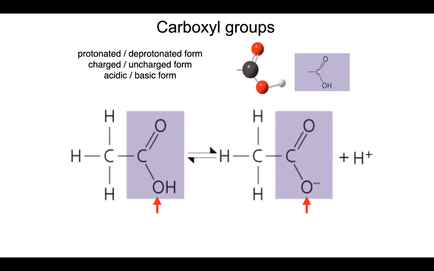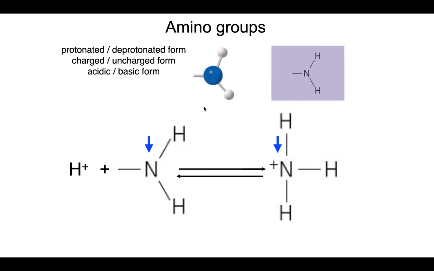So again, I hope I've made this clear that one thing you should focus on is really learning about carboxyl groups and about amino groups, and go through each and practice assigning these terms: protonated versus deprotonated, charged versus uncharged, acidic form versus basic form. Be able to do that with carboxyl groups, be able to do that with amino groups. And if you can't remember how to do it, go back to the video on functional groups, and I go through in pretty good detail about that stuff.